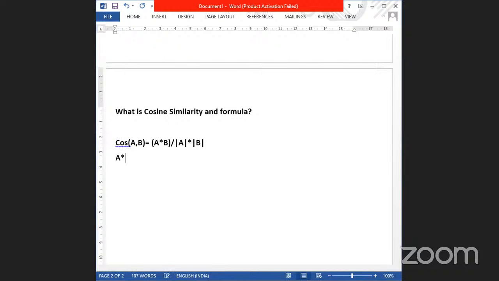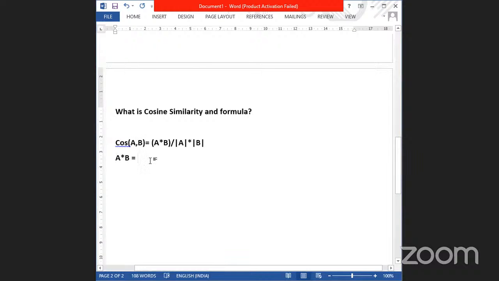A star B. This is not just one thing. Suppose A is your first transaction or first entry in the corpus. What is corpus? Corpus is a collection of documents, the entries, transactions. So the first document is A and the second document is B. So you want to multiply A into B.